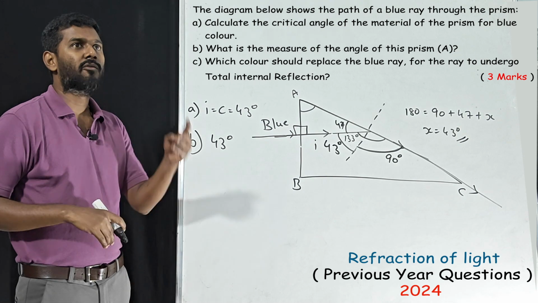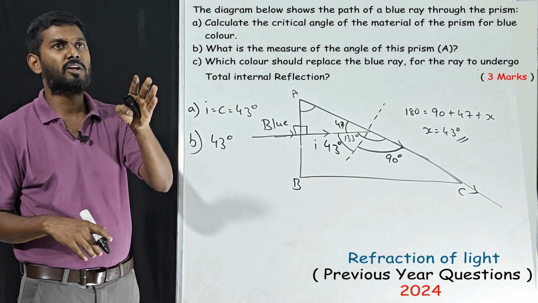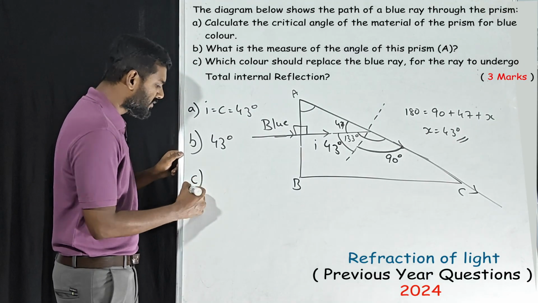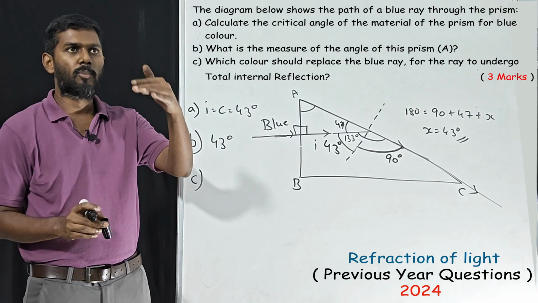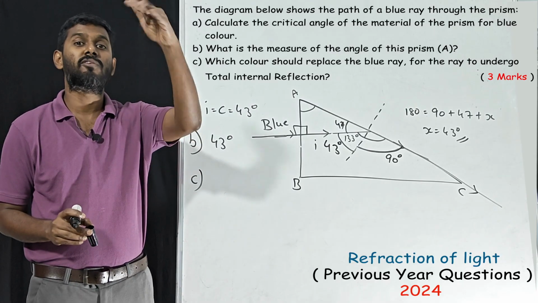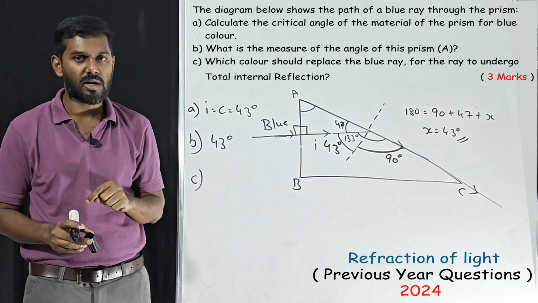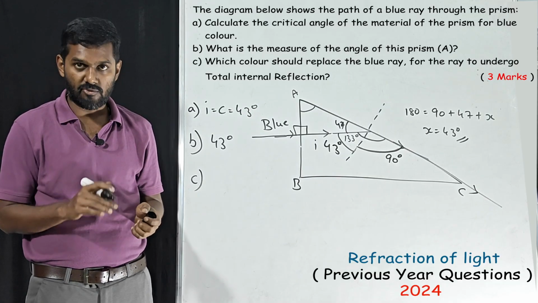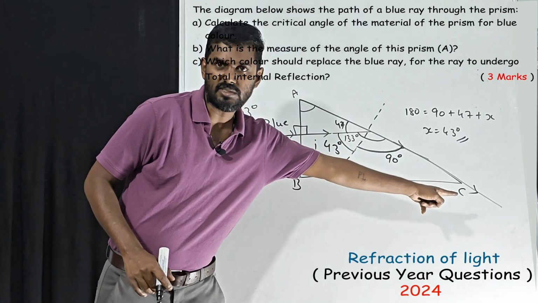Our next sub question: which color should replace the blue ray for the ray to undergo total internal reflection? Listen, here many students will get confused. They will think if I replace blue color with a higher wavelength color than blue, they will get total internal reflection. Completely wrong. For this blue color ray, it is going along the surface.